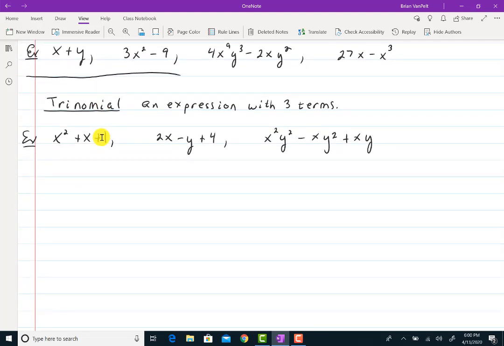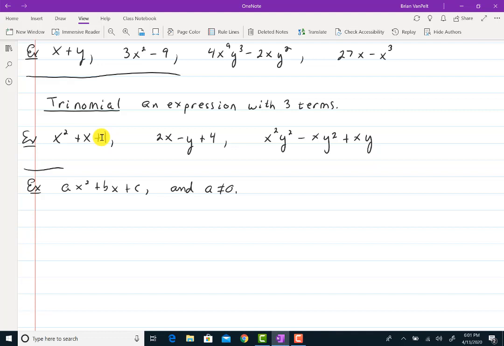And so let's do a little practice with the definitions first. So here's an example. I have ax squared plus bx plus c, and the number a does not equal 0. That means the x squared is actually there. If a was 0, the x squared wouldn't be there.